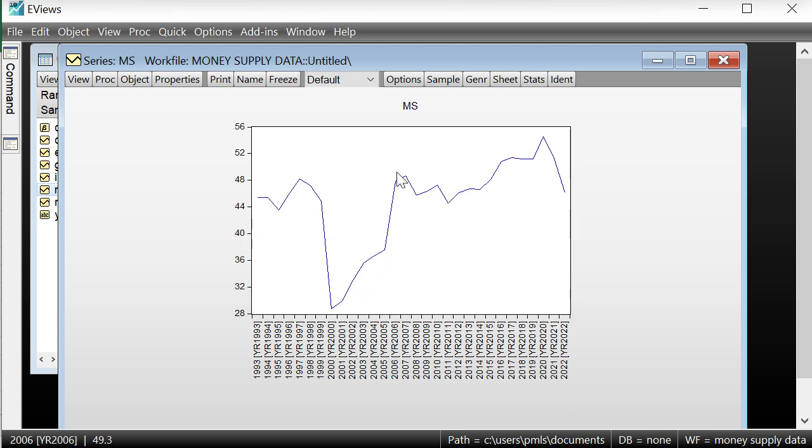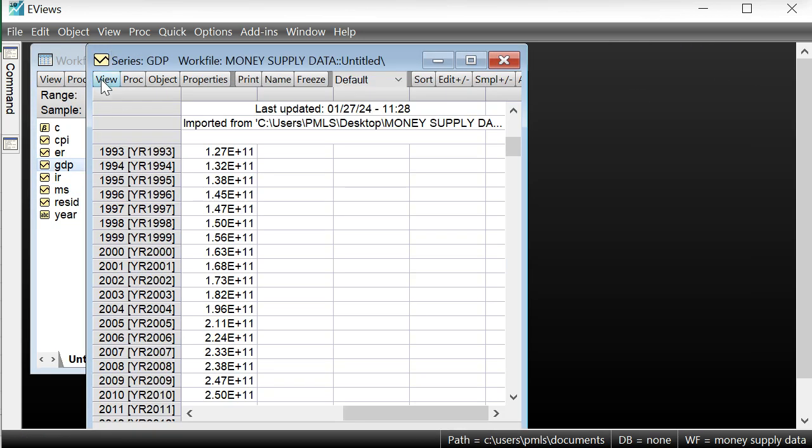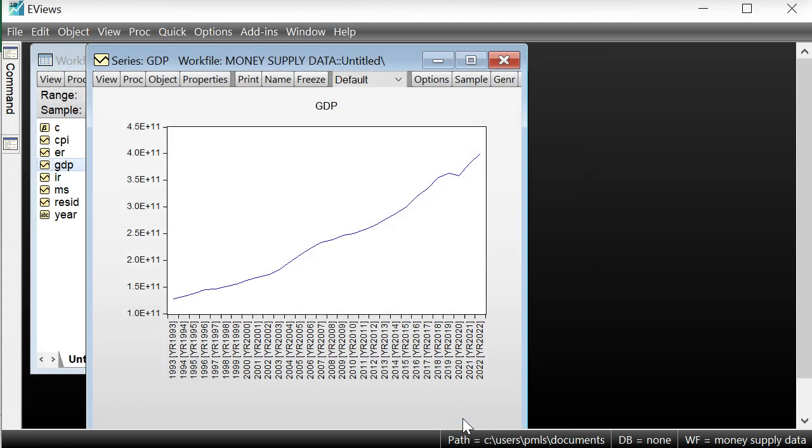If you see, there is a trend: first downward, then an upward trend and further upward trend. With respect to time, the variable money supply is changing. Or you can check another one like GDP. Again there is an upward trend, clearly visible.